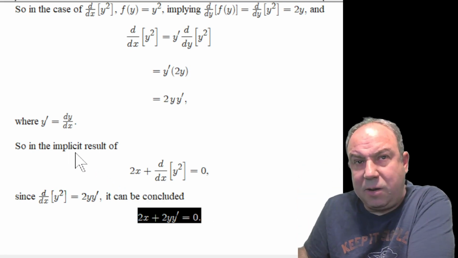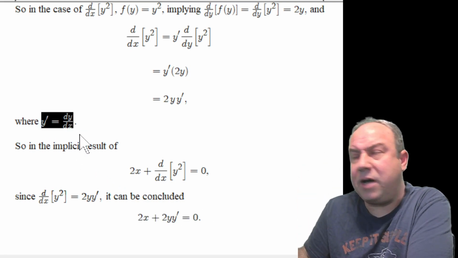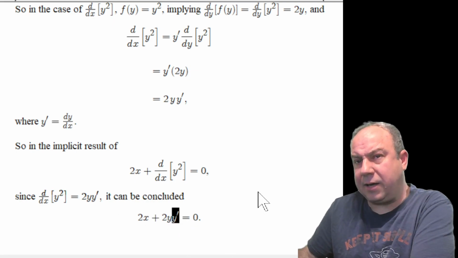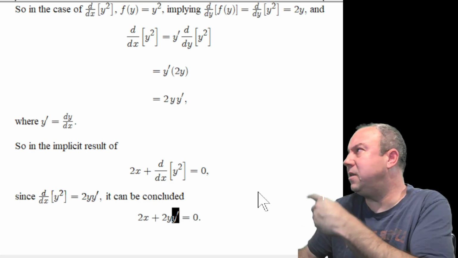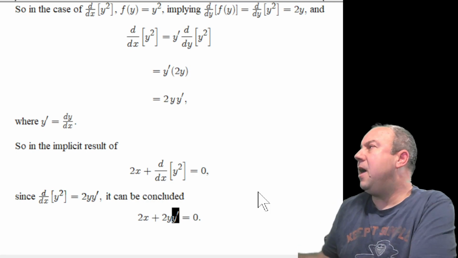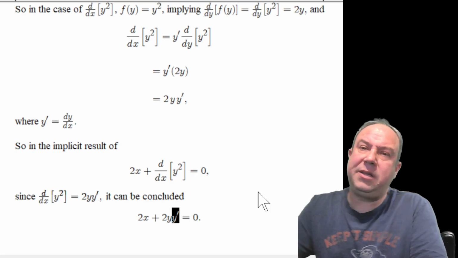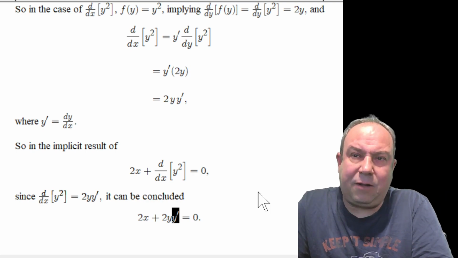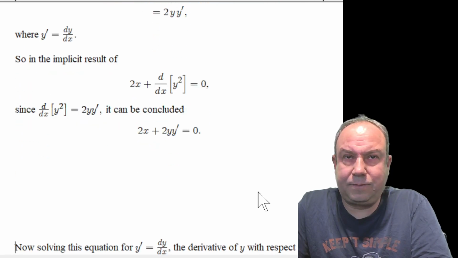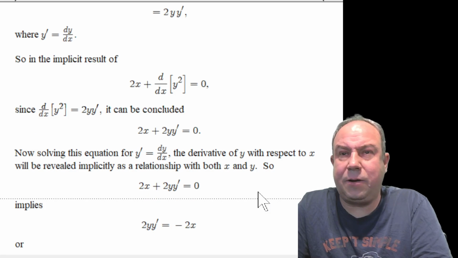And as we noted above, this is why I spent the moment noting this: y prime is the derivative of y with respect to x. And that equation is simple enough that we can solve for that value. And that is the next thing we do here.